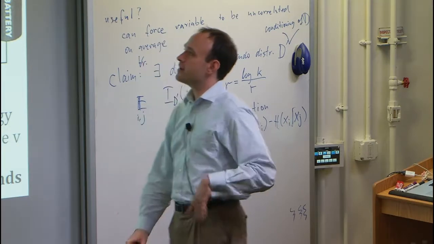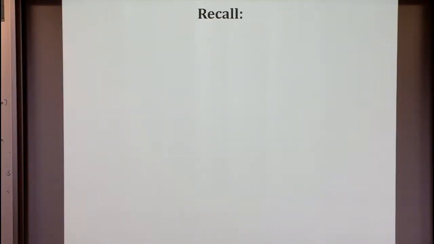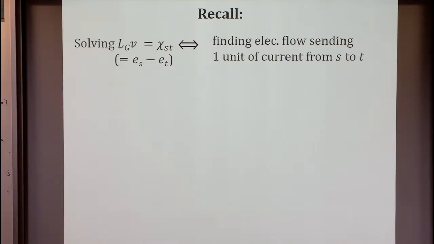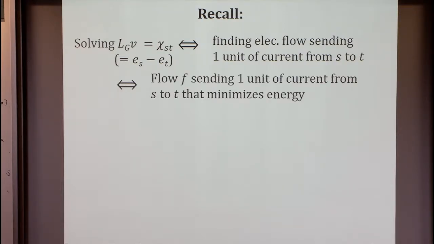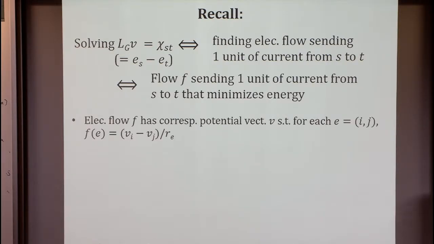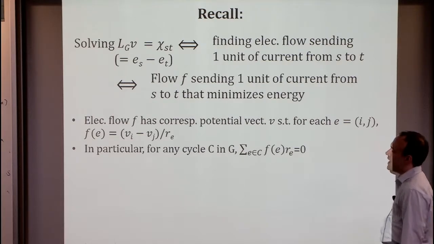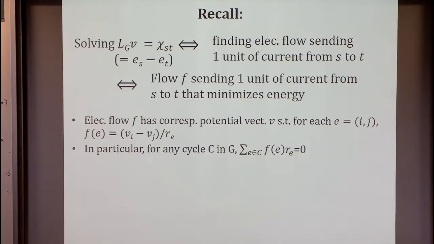Okay, so that's actually all we're going to need about electrical circuits. And so this was our setup. And the main property we're going to use about this whole setup is just that voltages are very restrictive. Right? The unique flow that has voltages is the electrical flow. And why is that an actually restrictive property?